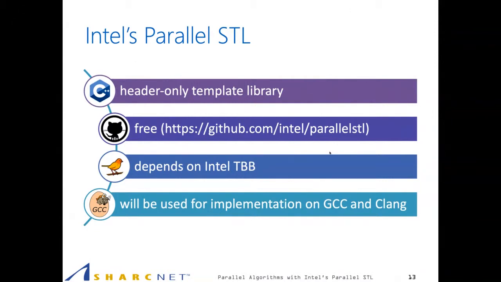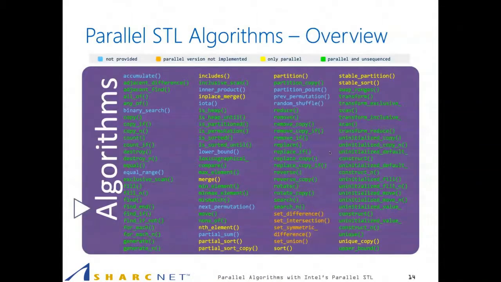So this is an overview of all parallel STL algorithms here. Those that are in green support both parallel and unsequenced policies. Those that are in yellow only support parallel.